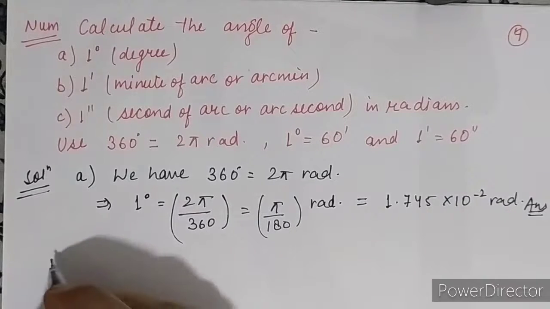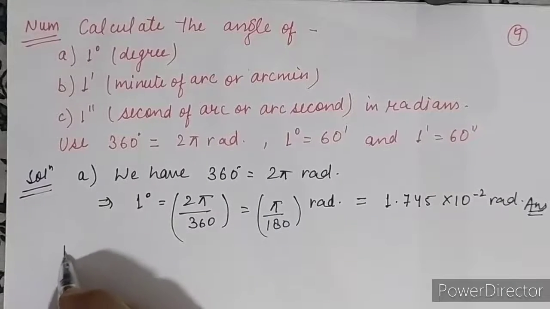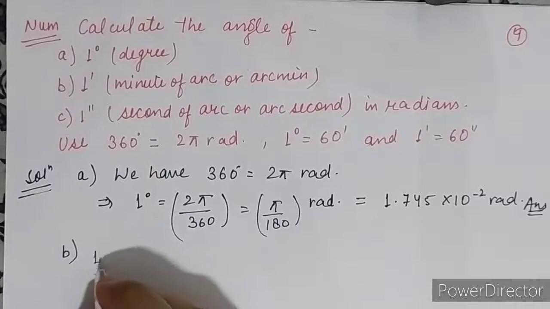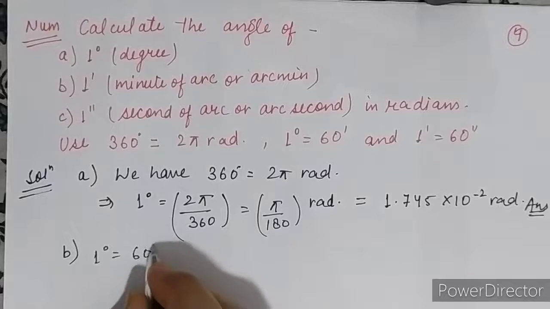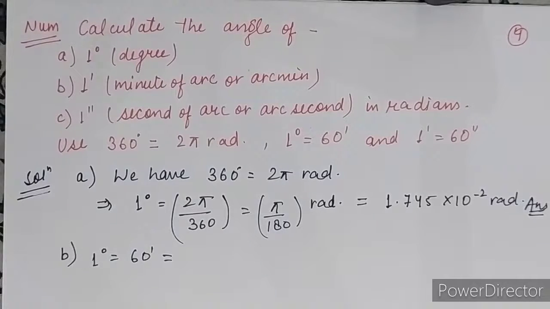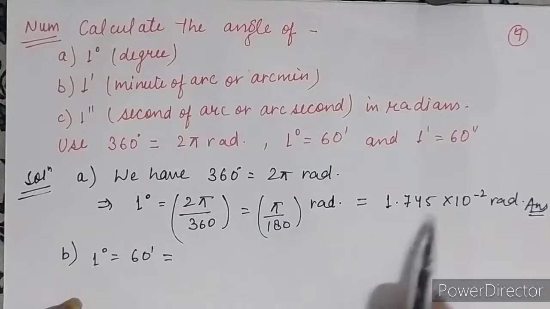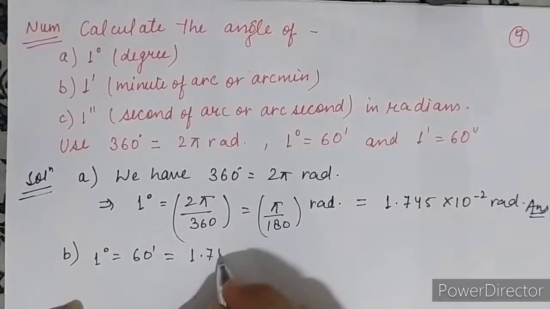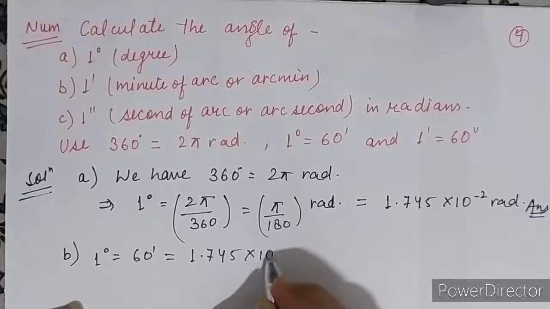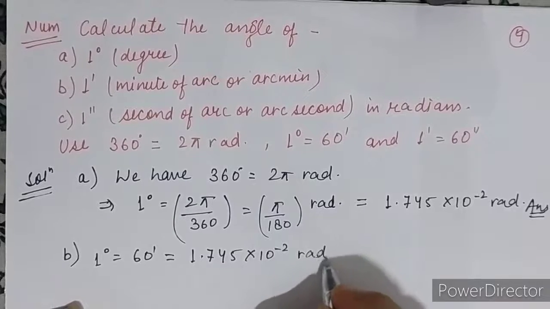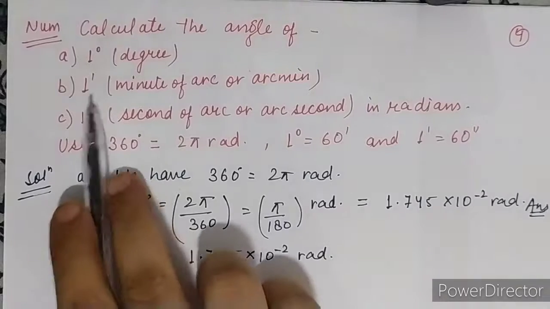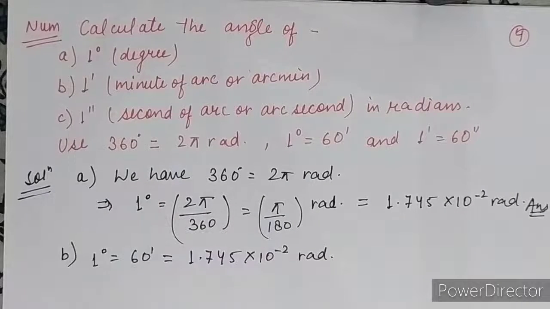Okay. Now the second, which we are going to solve for 1 minute. We know in 1 degree 60 minutes are there. The value of 1 degree is already calculated, that is 1.745 into 10 to the power minus 2 radian. But what do we have to calculate in the question? We have to calculate for 1 minute. This is for 60 minutes.